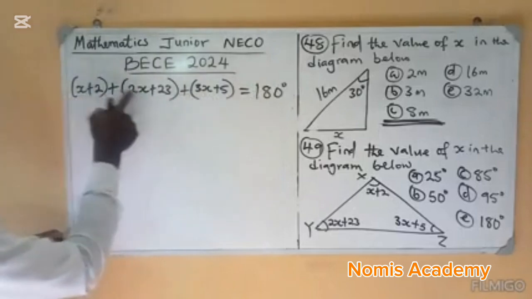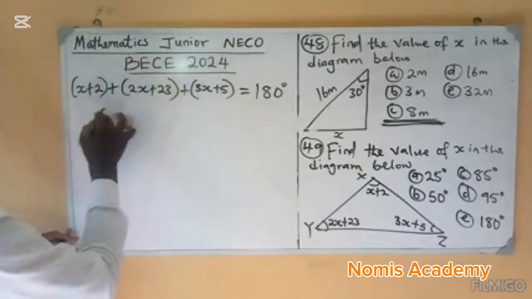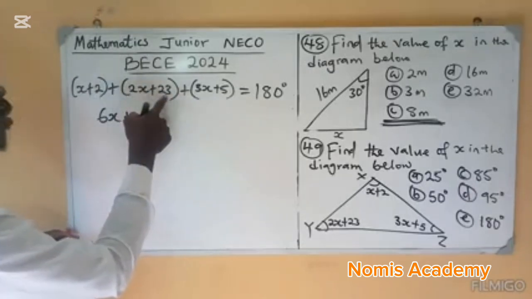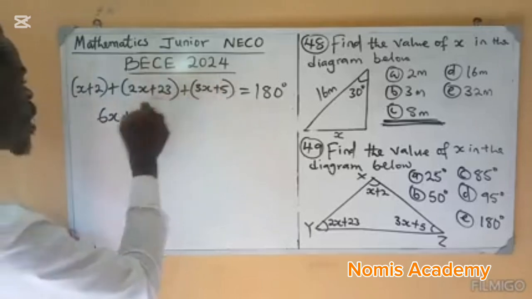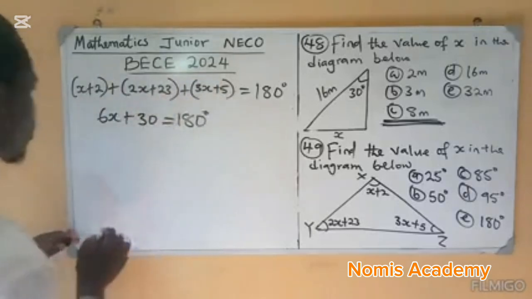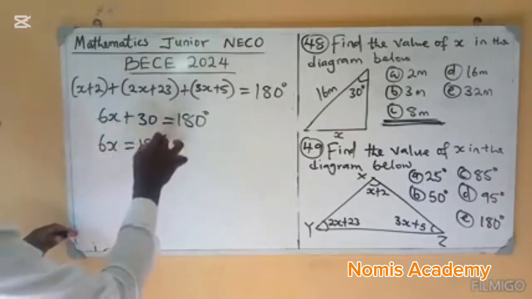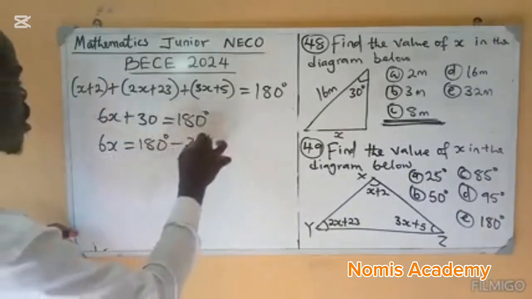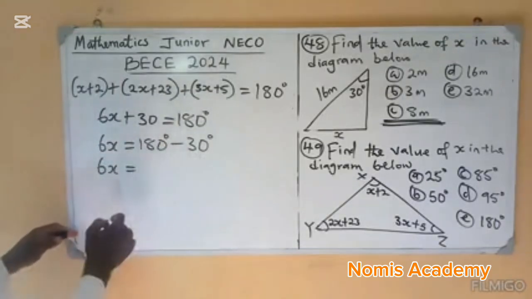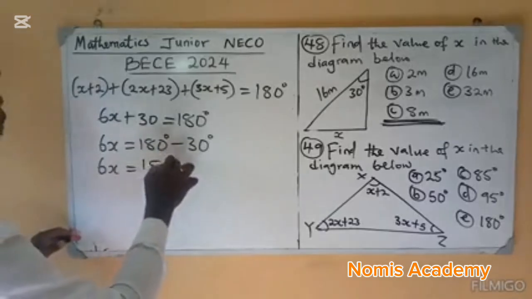So we have x plus 2x, which is 3x, 3x plus 3x is 6x, plus 2 plus 23 is 25, 25 plus 5 is 30, equal to 180 degrees. Now 6x equal to 180 degrees minus 30 degrees. So 6x is equal to 150 degrees.